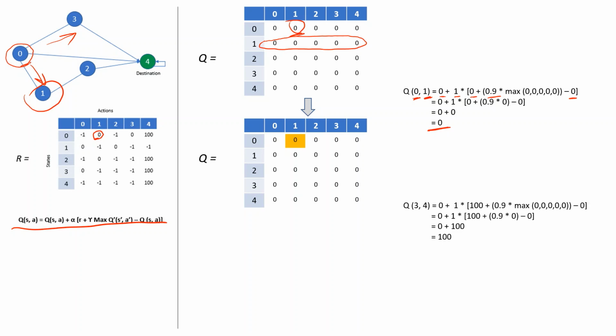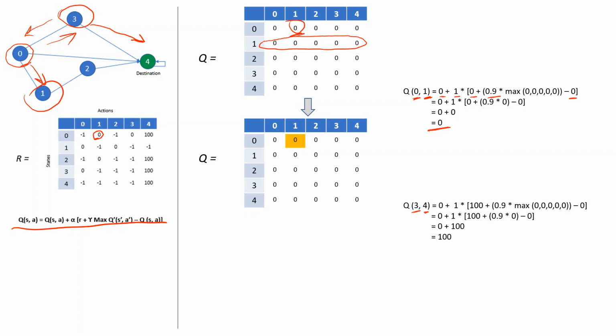Similarly, let's take another random state 3. So if the agent is at 3, there might be two possible actions. Either it can go to 4 or can go to 0. So let's say agent picks up action 4.